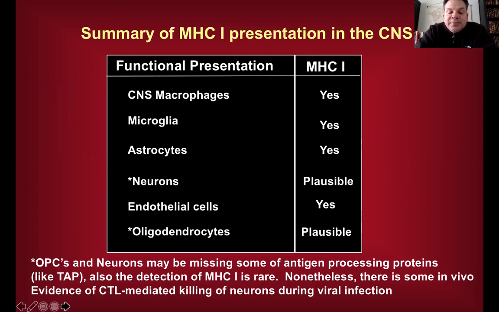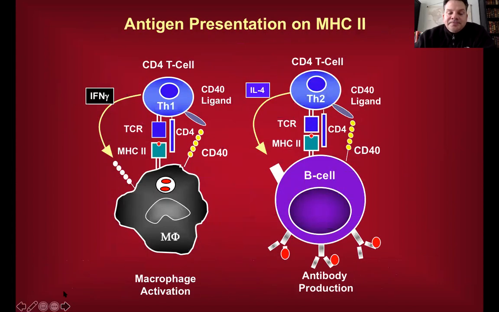And let's say that it's plausible that neurons and oligodendrocytes have it as well. Just know that there's some debate on this, but there are instances when you can see this happen in biology. It looks like these MHCs are probably a little bit more inducible on neurons than oligos and aren't normally expressed at high levels.